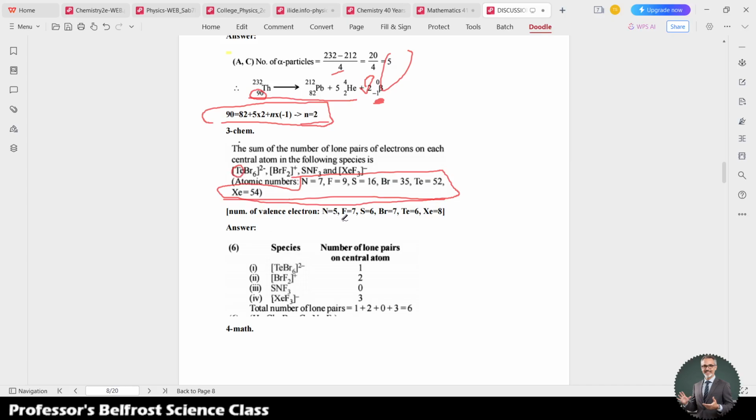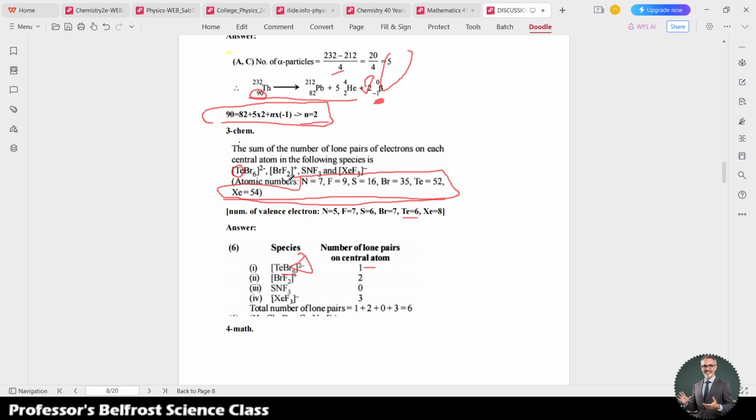Tellurium has 6, plus 2 because it gained 2 electrons, so it has 8 electrons, and it is shared with 6 bromine atoms, which require 1 electron each. So 8 minus 6 is 2 electrons, which means 1 pair.